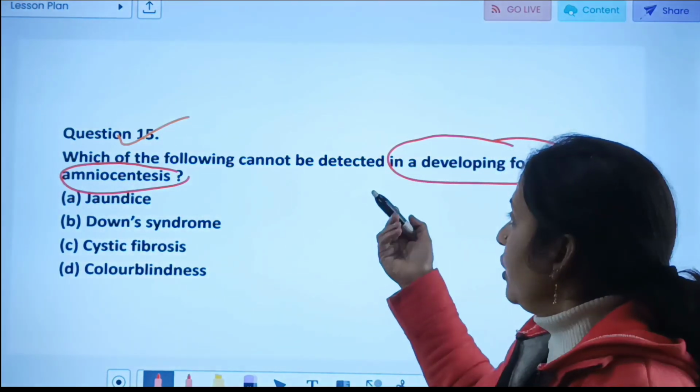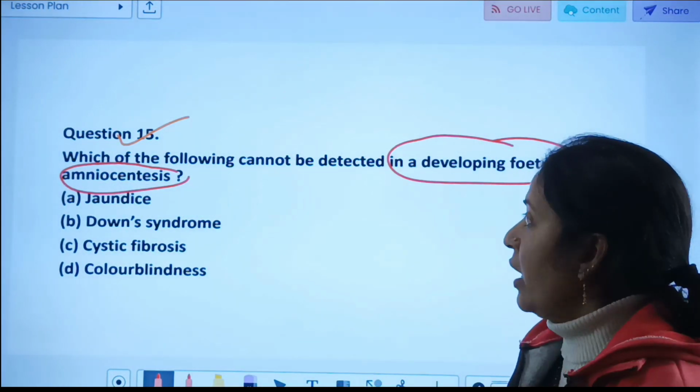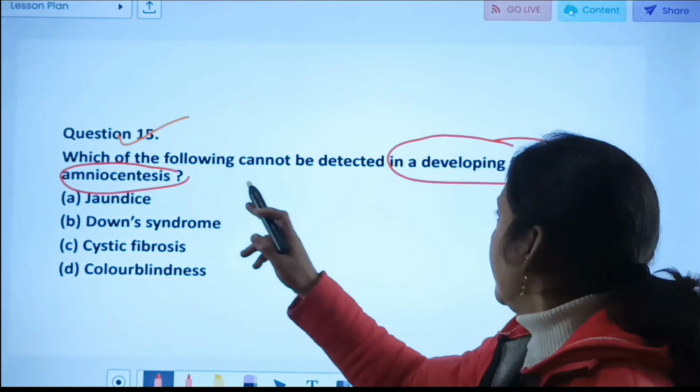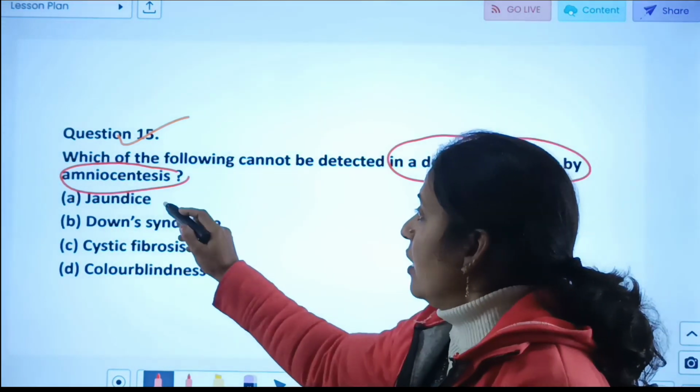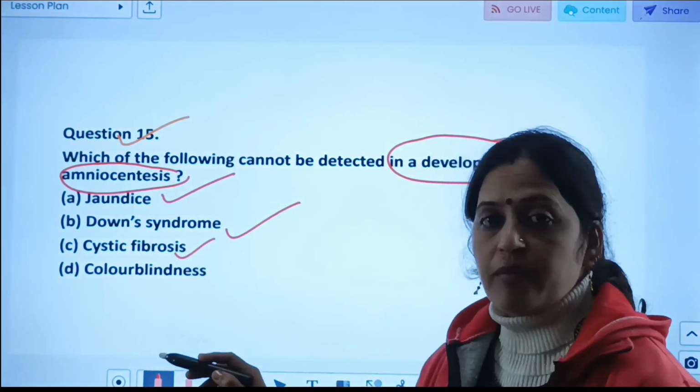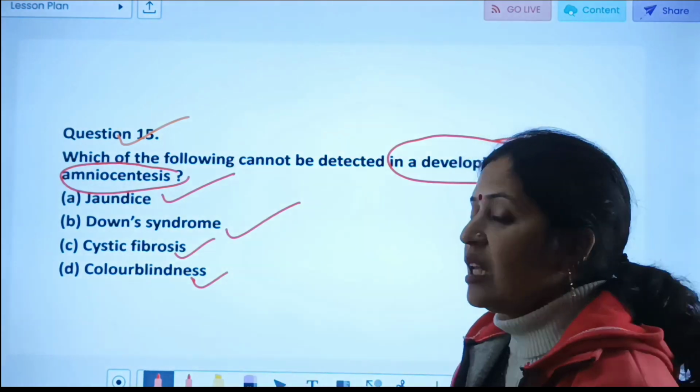पर अब जो आपका क्वेश्चन है वो ये है कि कौन सा ऐसा है जिसको कि हम डिटेक्ट नहीं कर सकते हैं developing fetus में by amniocentesis. Options: A, jaundice; B, Down syndrome; C, cystic fibrosis; and the last one is color blindness.